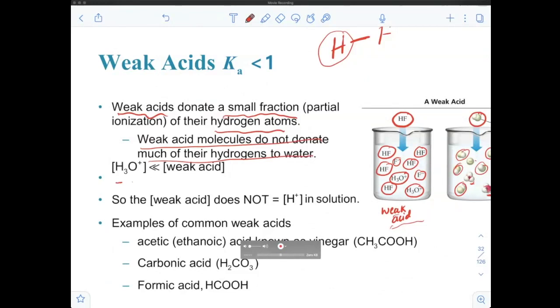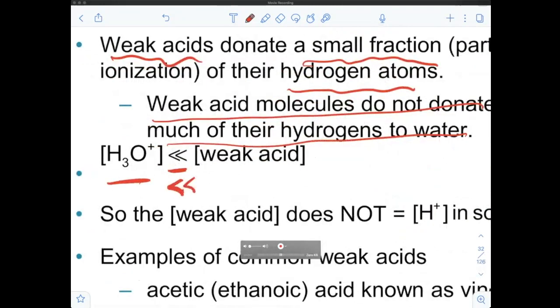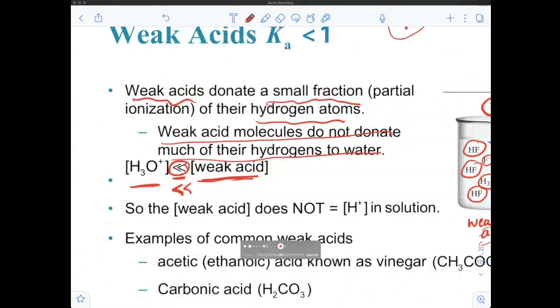For that reason, the concentration of the hydrogen ion in the water is so much less. These double arrows are like saying it is so much less compared to the weak acid concentration. Because of that, the weak acid concentration, the one that you started off with, does not equal the hydrogen ion concentration in solution. Okay?